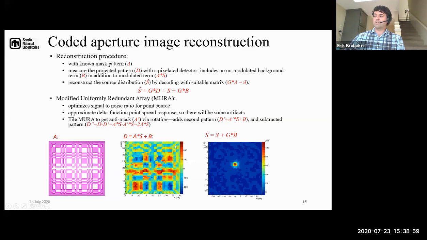This is the raw data that you see from the point source going through this mask, along with whatever background is there. In this case, it looks like this is not done with the mask and anti-mask, though I'm not sure about that. And this is the image you reconstruct. So mainly you're seeing a point source there, but there is some point spread function. Nothing is perfect, and there's some blur to that reconstruction.